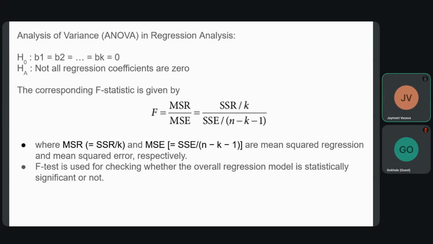MSR is the mean squared regression, and MSE is the mean squared error. The F test is used for determining whether the overall regression model is statistically significant or not.